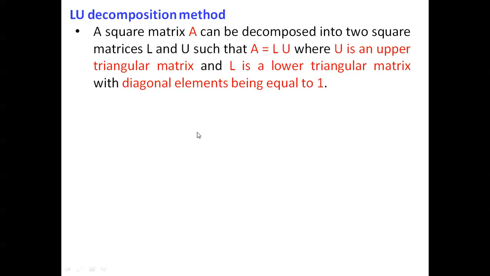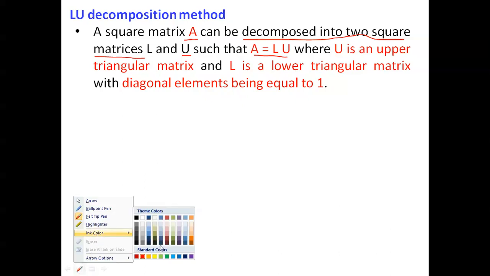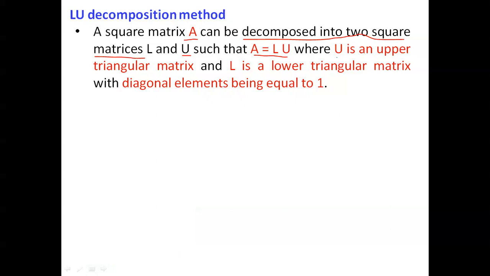A square matrix A can be decomposed into two square matrices L and U such that A equals LU, where U is an upper triangular matrix and L is a lower triangular matrix with diagonal elements being equal to 1.